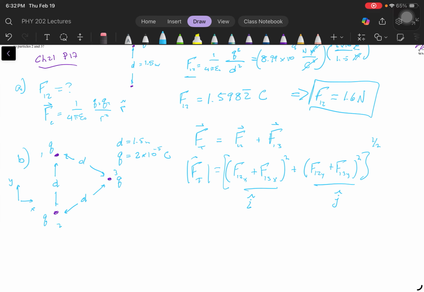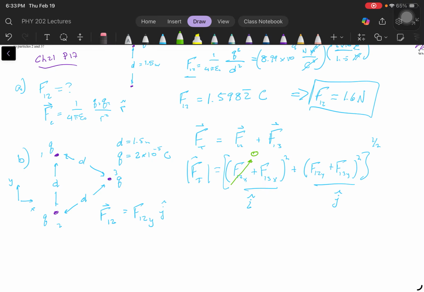Just looking at this, we can say F12 is equal to F12y j hat, right? All of F12 points in the y direction, or j hat. Let's switch over to green for no apparent reason, contrast, whatever. F12x is 0.